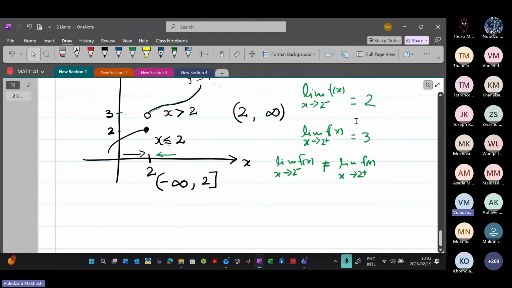And once we have that, then we conclude that therefore we can say that the limit of f of x when x is approaching 2 does not exist. That's what we discussed previously.